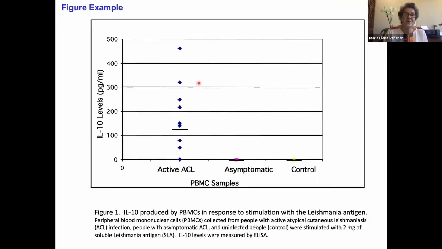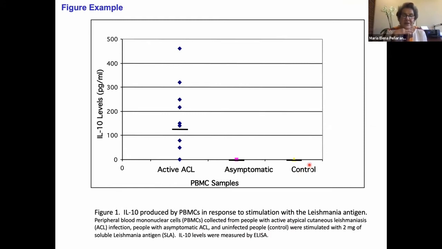Well, not me in particular, but my team: the active ACL for IL-10 levels was very different from asymptomatic and the controls. So you don't have to present all the data in graphs and figures. You only choose what is new and different to show the reader.